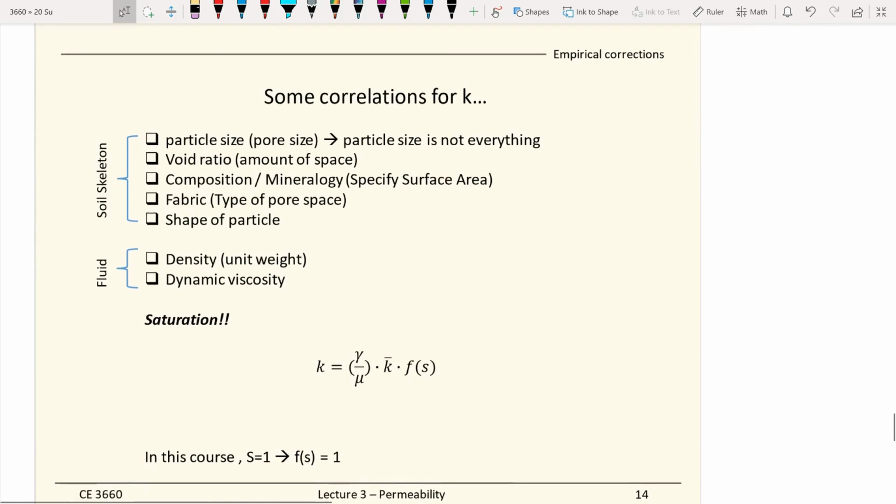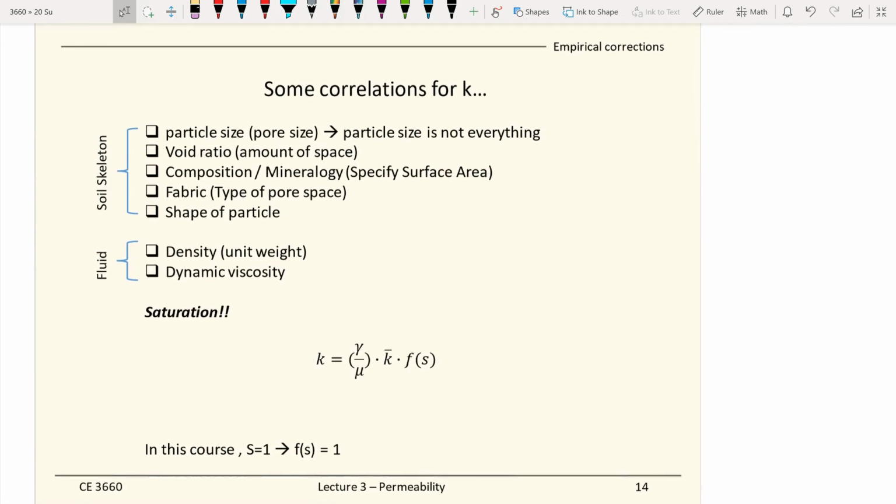Okay, last but not least, I just want to introduce you to some existing hydraulic conductivity correlations, because you realize hydraulic conductivity could be very expensive and hard to characterize based on laboratory testing and field testing. So in the past, research has been done on trying to estimate hydraulic conductivity by using correlations.